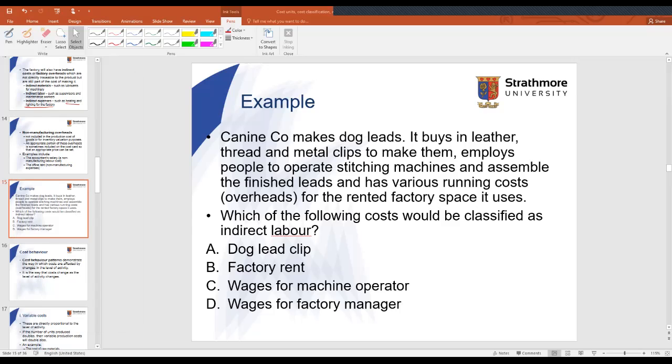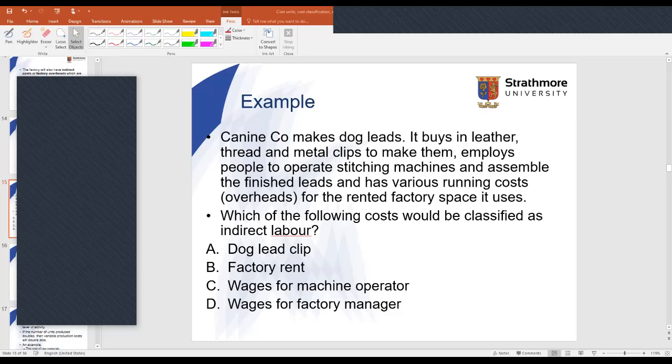Of course, we have D, the indirect labor cost. What about the salary paid to the CEO? Hamida.